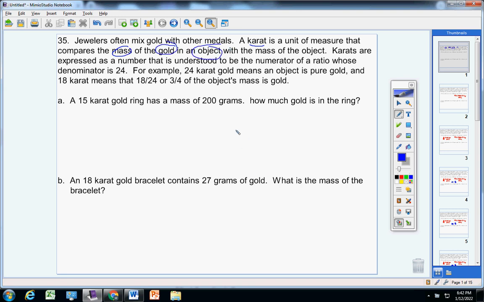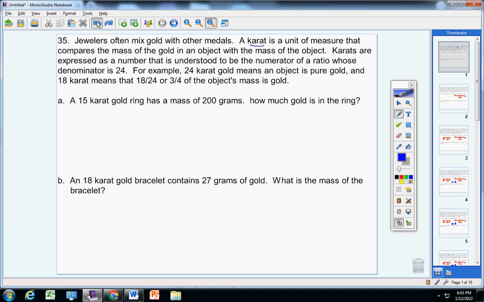In other words, here's a big rock, and whatever part of that rock is gold, they describe that by using carats. It compares the mass of the gold with the mass of the object.